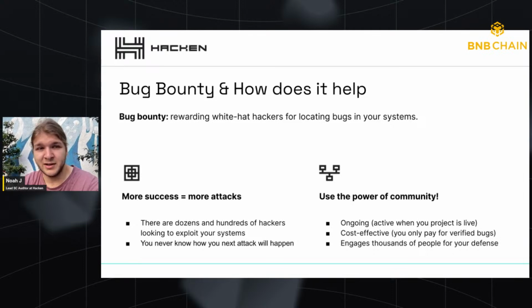It's going to be dozens or even hundreds of hackers looking for exploits in your system. They will often find stuff that was not found in the audit, as is expected, because the audit had just 2 or 3 people checking it, while this was hundreds. It's a crowdsourced, ongoing, cost-effective effort where you get a lot of knowledge from different areas in your defense.